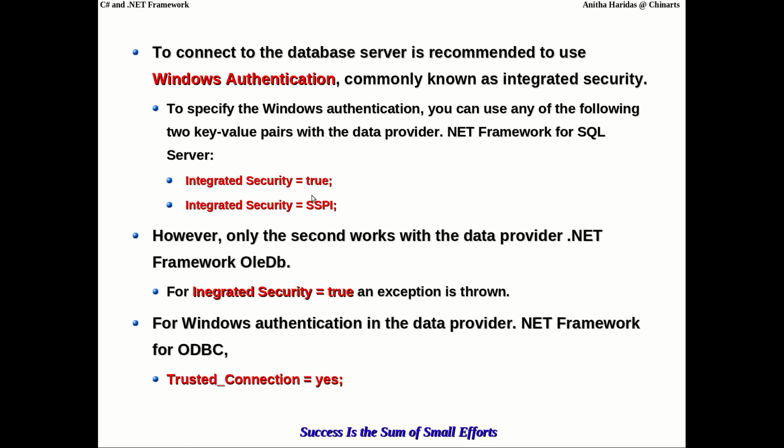This works for the OLEDB framework also. For integrated security equal to true, an exception will be thrown. Not only that, for Windows authentication in the .NET framework data provider for ODBC, it will be trusted connection equal to yes. So it depends on whatever kind of provider you are going to use.